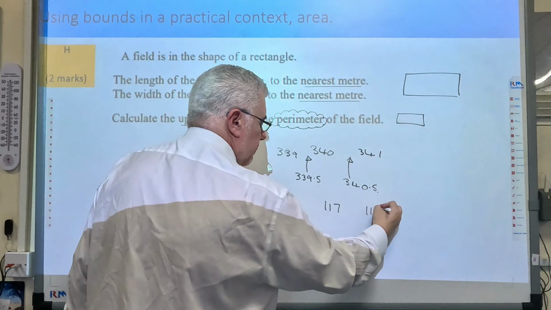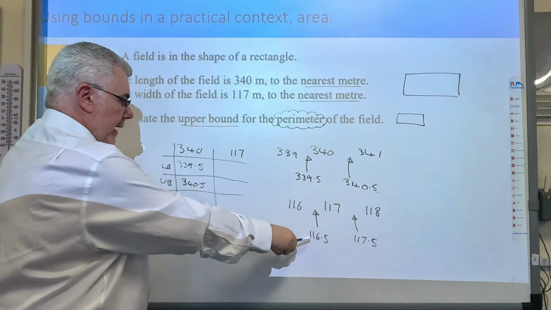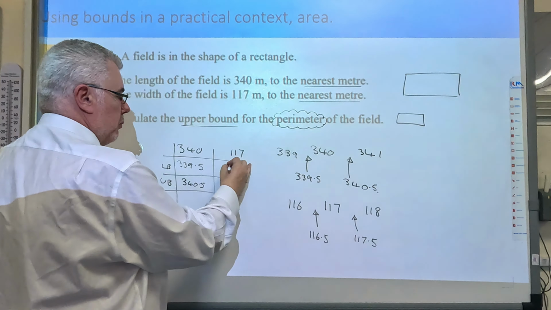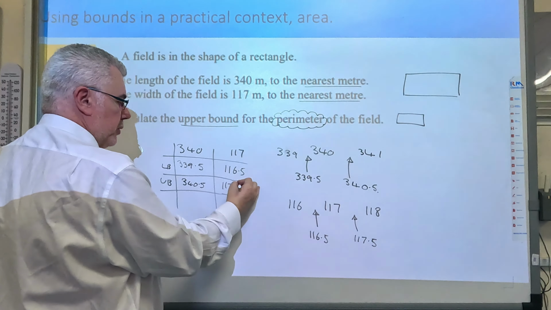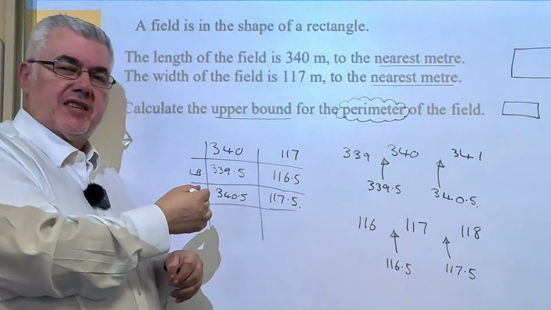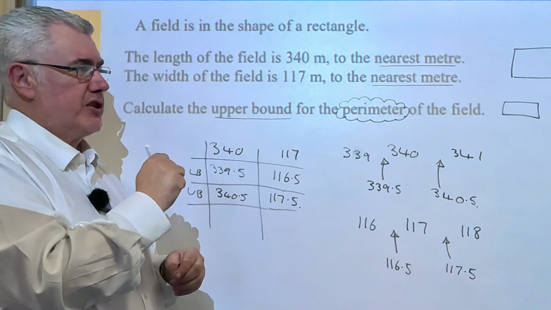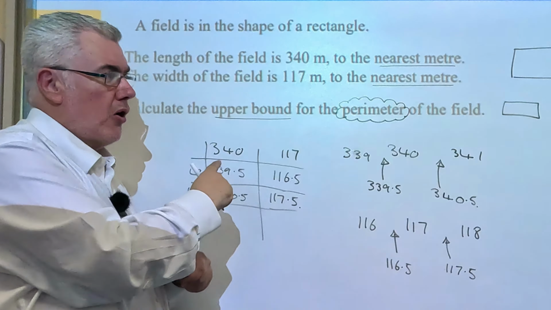Going to round it up by 1, going to round it down by 1, going to choose the value in the middle. My lower bound, 116.5. My upper bound, 117.5. As I say, for this might not be necessary. You might have realised what ones I need to choose. But sometimes if you're unsure, filling this out will get you an extra mark or 2.